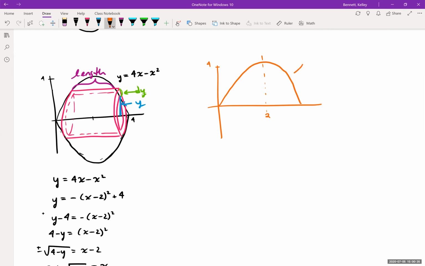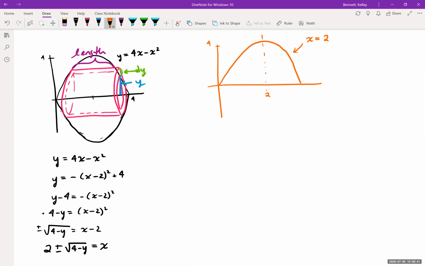So this curve is given by x equals 2 plus the square root of 4 minus y. And this one is given by x equals 2 minus the square root of 4 minus y. So that's how we're going to get our two curves.